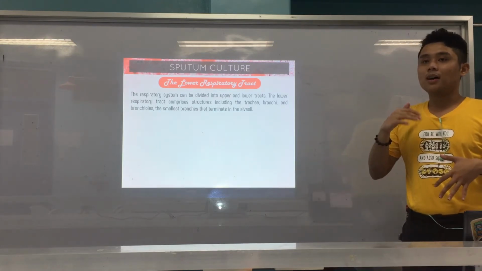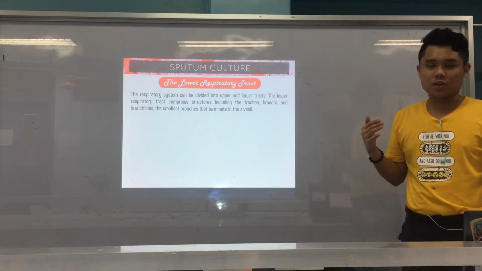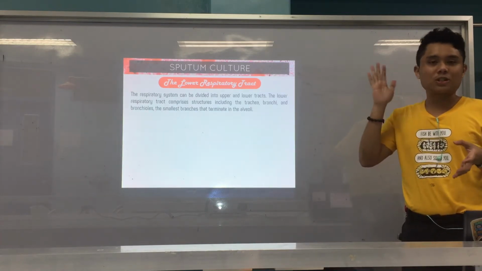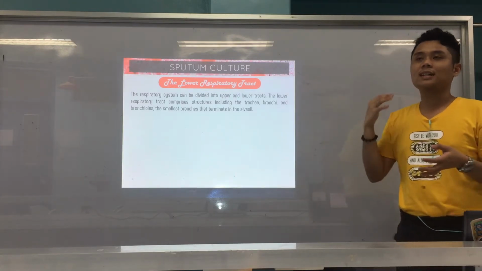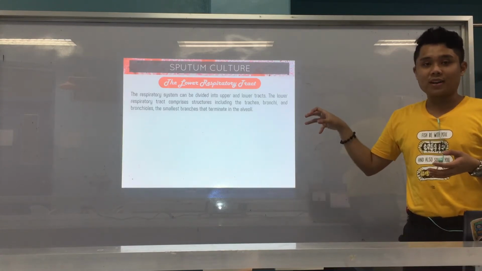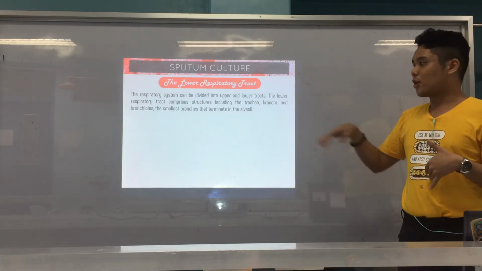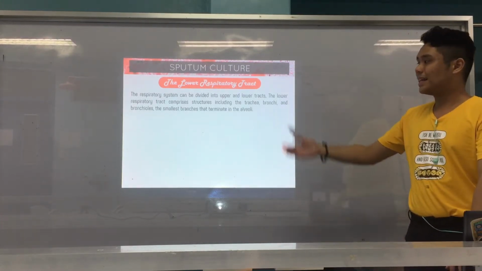Your respiratory system has the upper respiratory tract and the lower respiratory tract. The upper respiratory tract we already mentioned during the throat swab culture, where we mainly focused on upper respiratory tract pathogens and how to process them. For sputum, we're now focusing on the lower respiratory tract: the trachea, bronchi, and bronchioles that terminate into the alveoli.